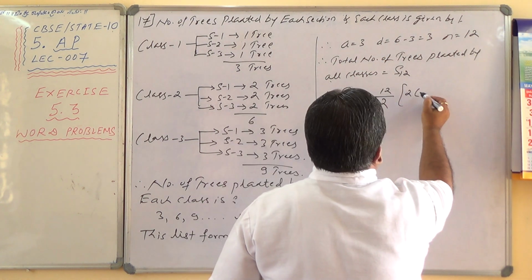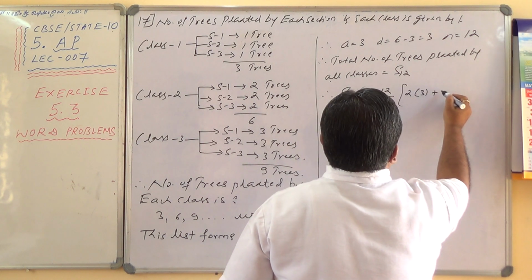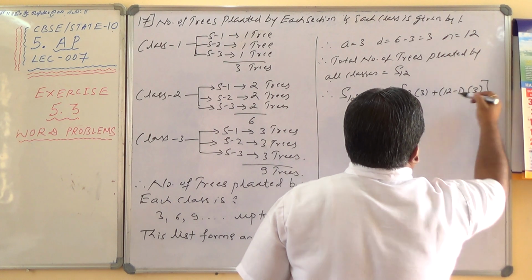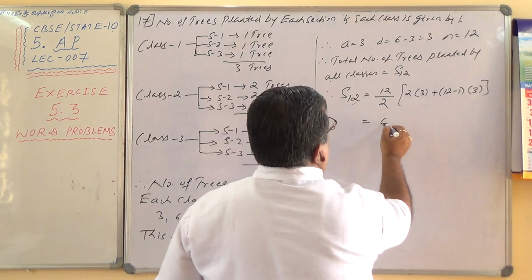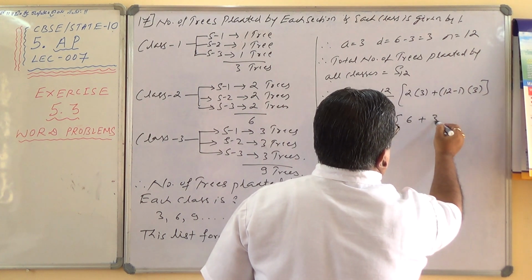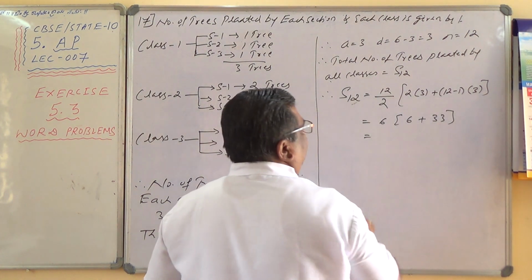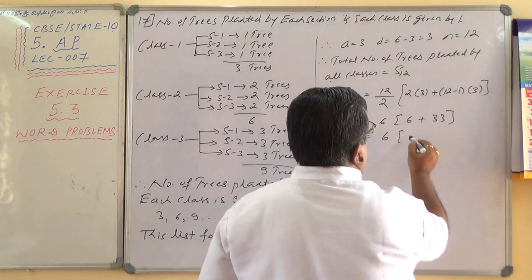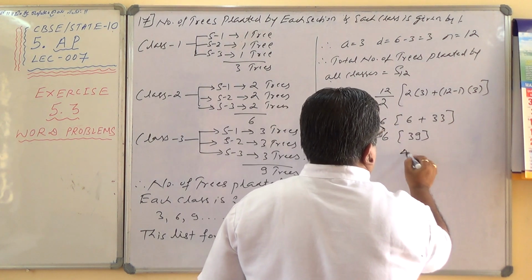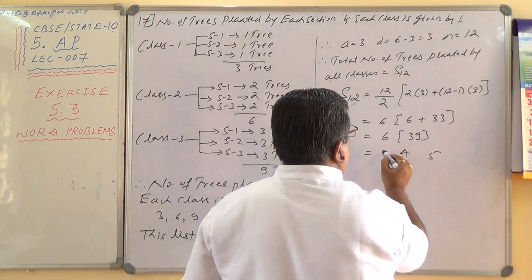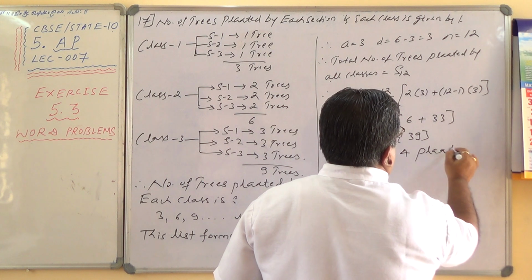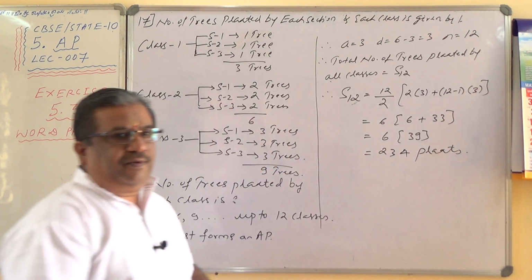Is it right? Okay, so this equals 6 into bracket 6 plus 11 into 3, 33, which equals 6 into bracket 39, which equals 234 plants. So the total number of plants is 234.